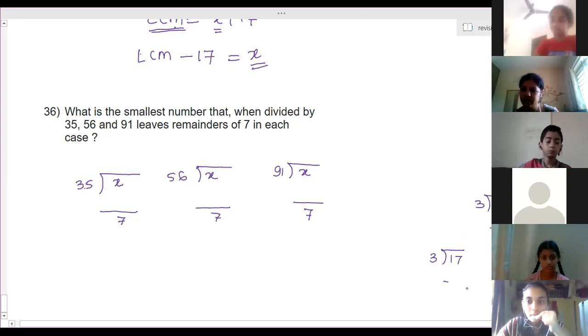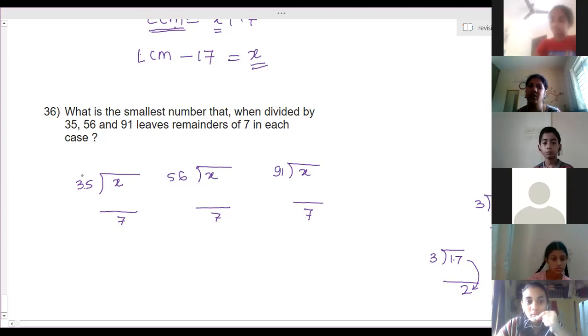No, it leaves a remainder 2. So find a number which is divisible by 3 completely. How to find that? Ma'am, subtract the remainder from 17. From 17 we subtract the remainder to get a number which is completely divisible by 3. So 17 minus 2 is 15. Now 15 is divisible by 3.